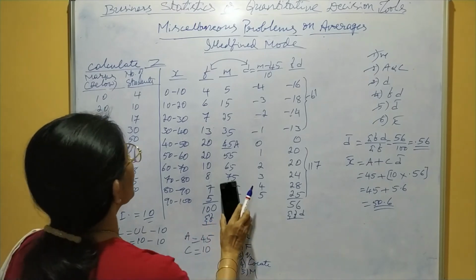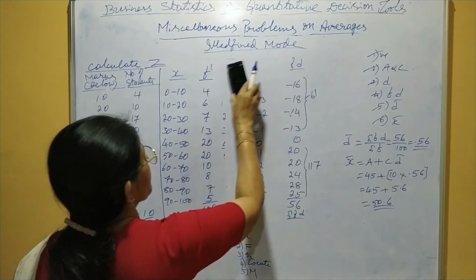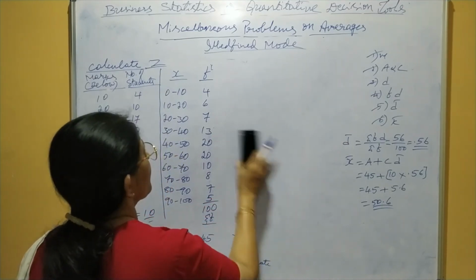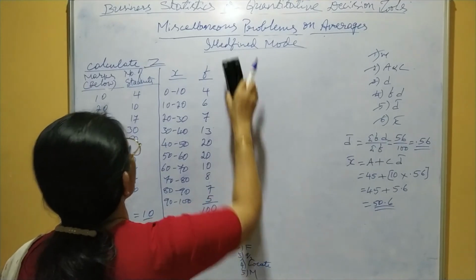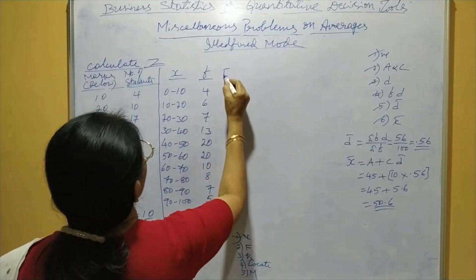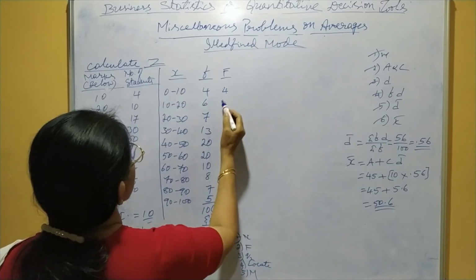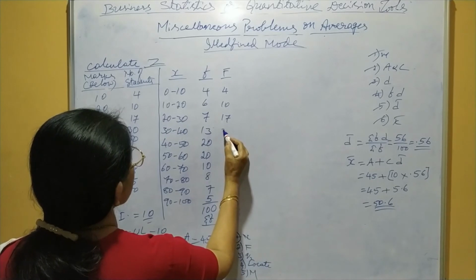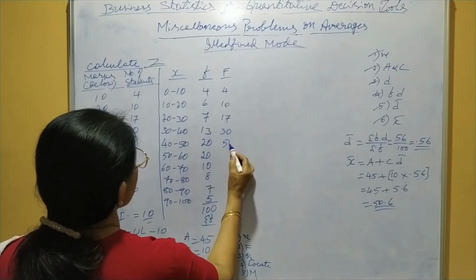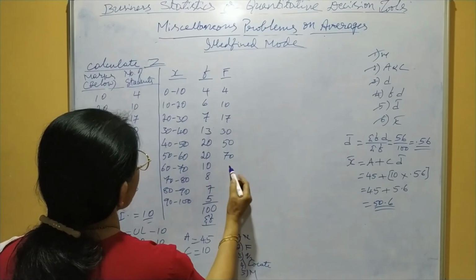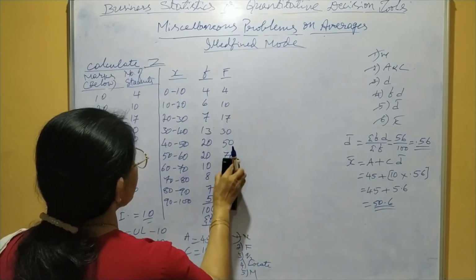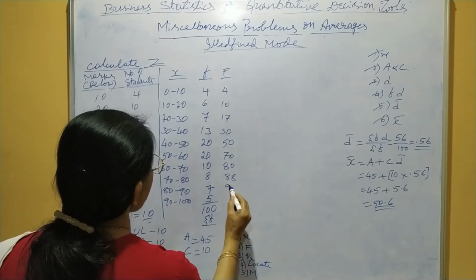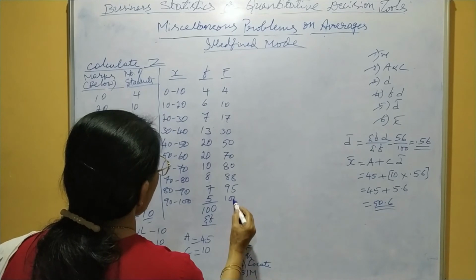Next you have to take cumulative frequencies. F, first one as it is. Next 4 plus 6, 10 plus 7, 17 plus 13, 30 plus 20, 50 plus 20, 70 plus 10, 80 plus 8, 88 plus 7, 95 plus 5, 100.